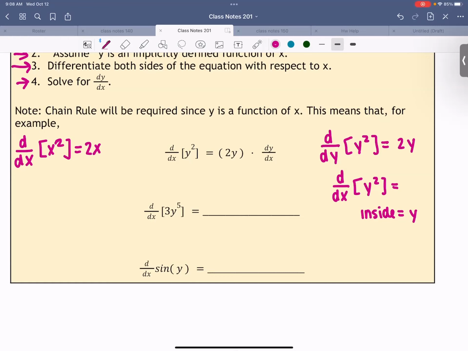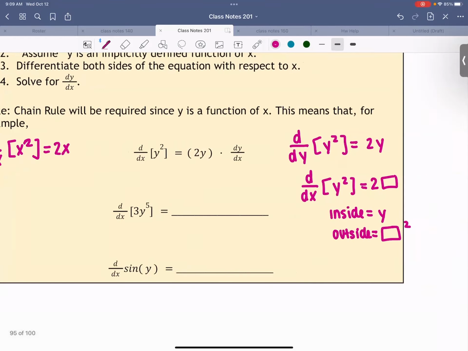Yeah. Now the outside would be something squared. So if I were to find the derivative of this, it would be 2 times the box to the first power, and then I would multiply by the derivative of the inside. What is the derivative of the inside, Michael? Y prime. I'm going to write it in Leibniz notation, but y prime is also dy over dx.